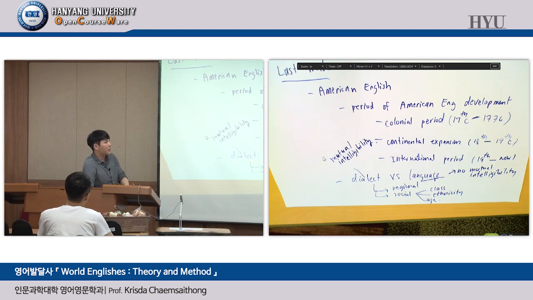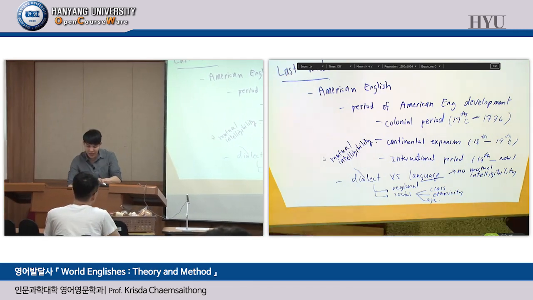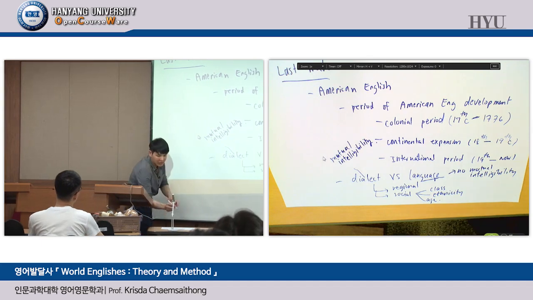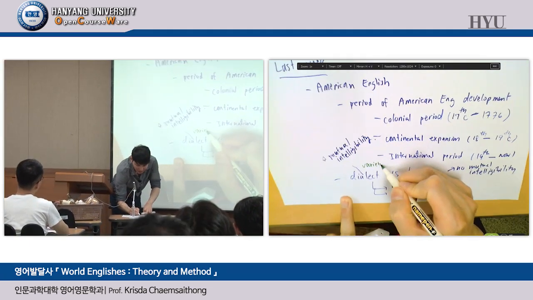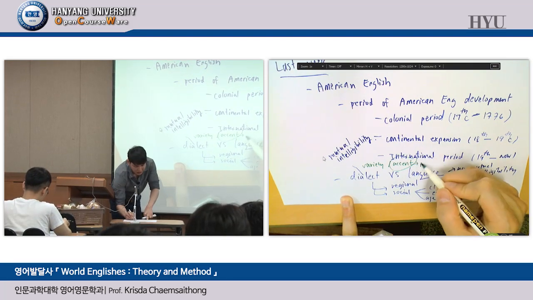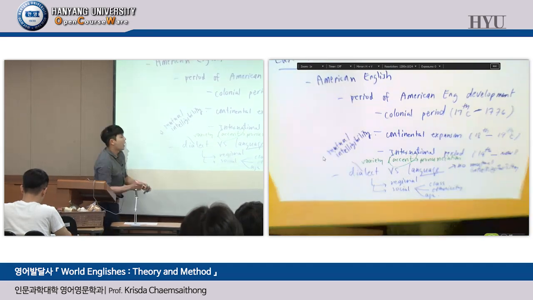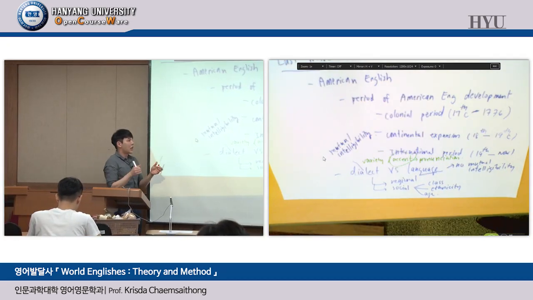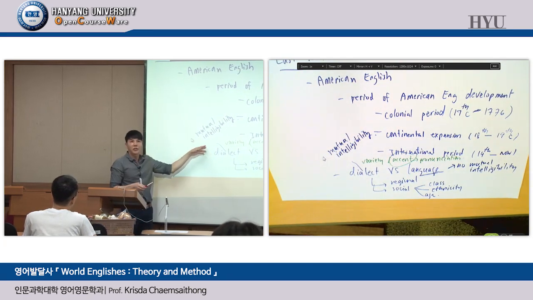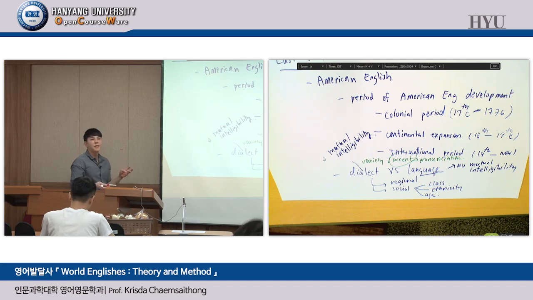And there are many kinds of dialects. A neutral term for dialect is language variety. Accent is different. Accent is only for pronunciation, but variety is a neutral, linguistic term for dialect, because people usually use the term dialect in a negative sense, to say that this person doesn't speak the standard language.